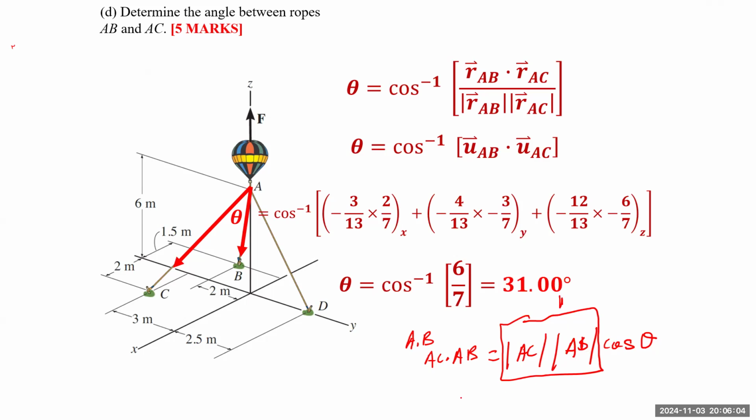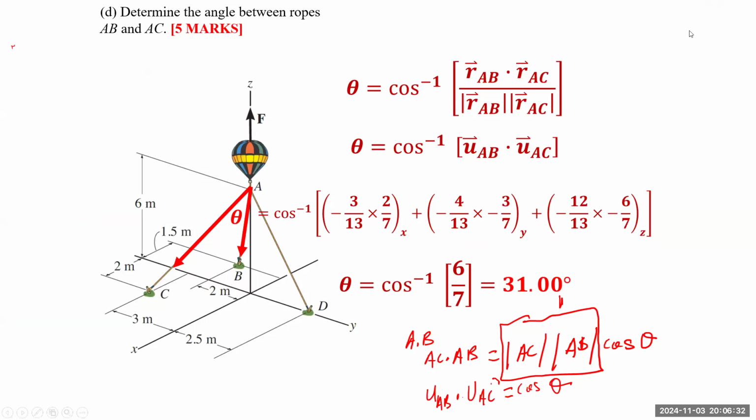Therefore, it's just the product of the two unit vectors, UAB times UAC. Remember, this is a dot product, so it will give you a scalar value. Once you get that, take the cos inverse of it. That is simply what you do.